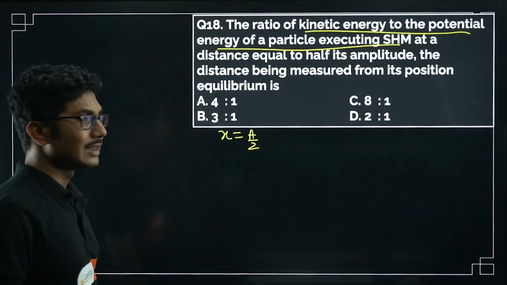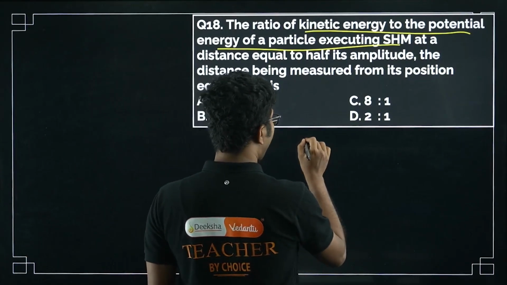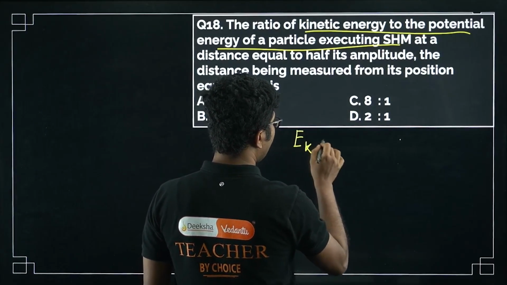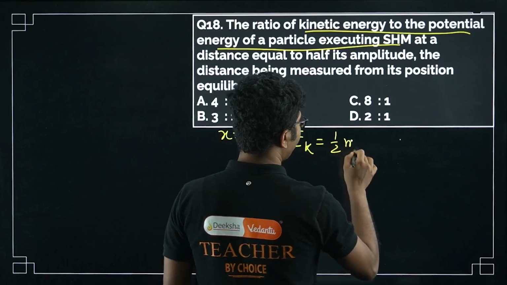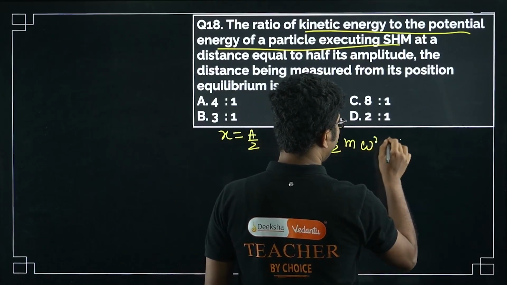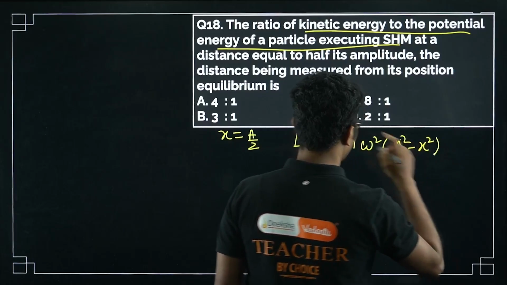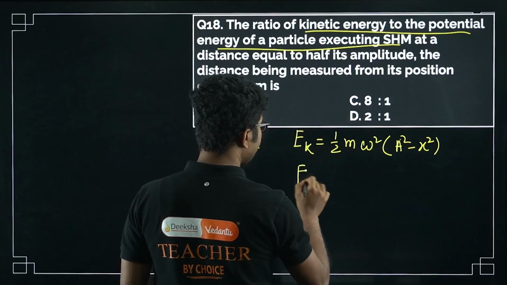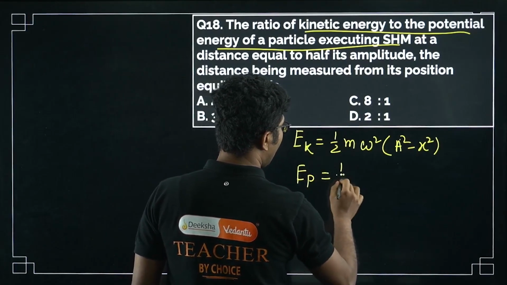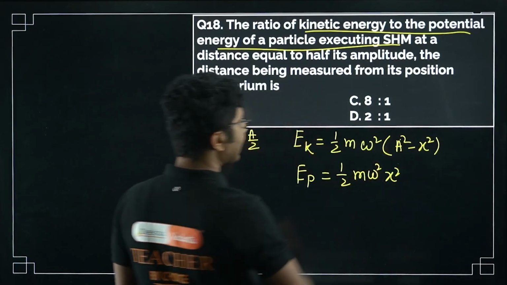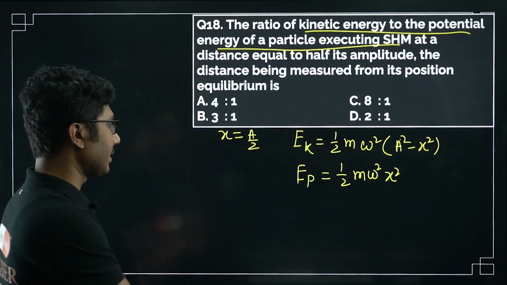So what is the velocity? The kinetic energy in SHM is given by half m omega square into a square minus x square. Okay, and potential energy is given by half m omega square x square. Okay, so if you add them, you get half m omega square a square, right?